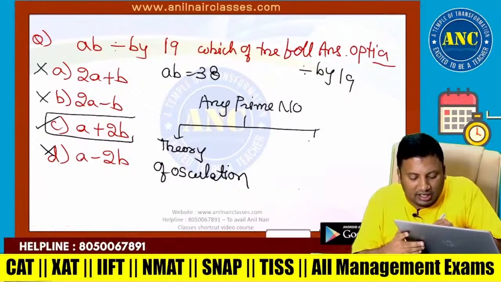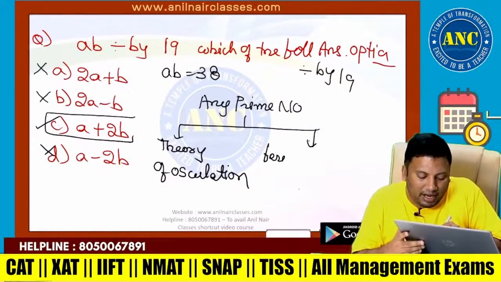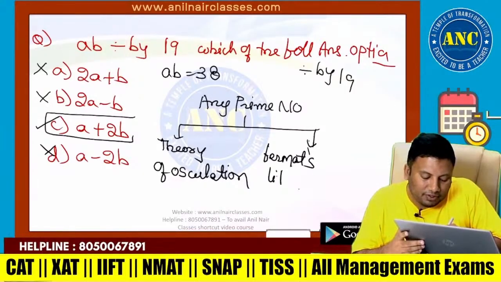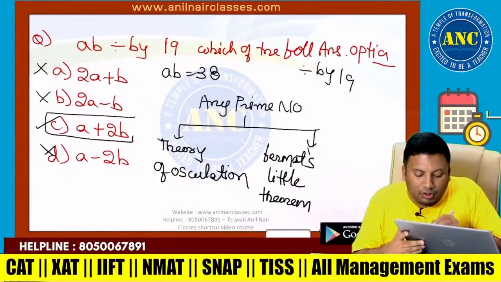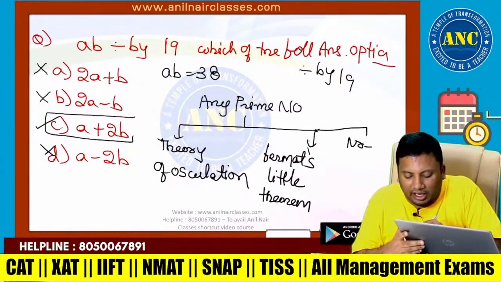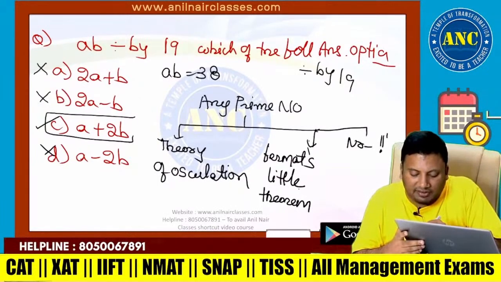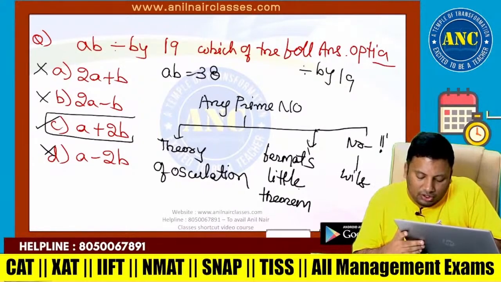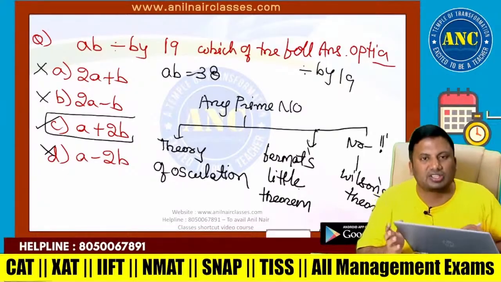That is the reason you can use Fermat's little theorem. If the numerator is a factorial, you can use Wilson's theorem. That also, if time permits, we will discuss.